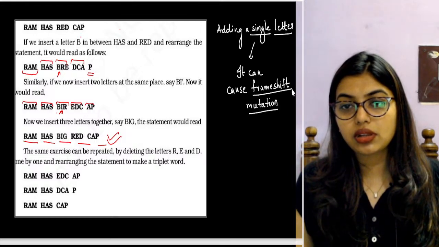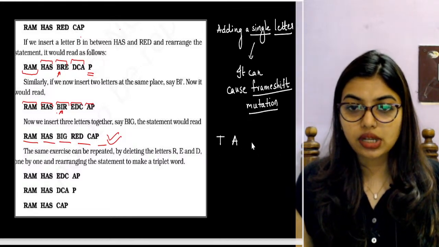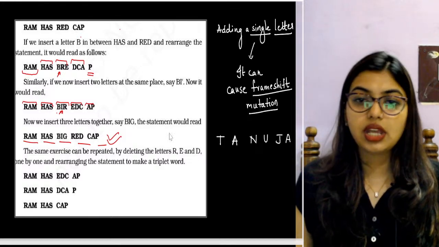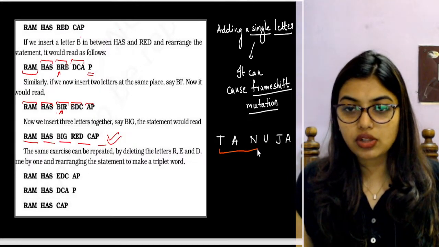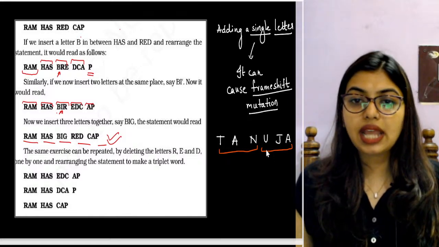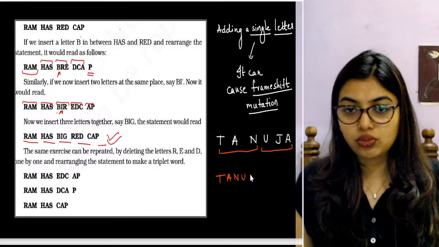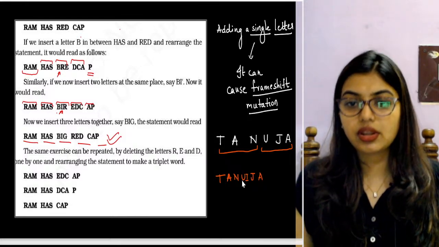Yes or no? So when I am reading something, let's take Tanuja. Now Tanuja's name is in such a way that there are 3 codons. But the moment I add a letter to Tanuja's name, imagine I added an I here.